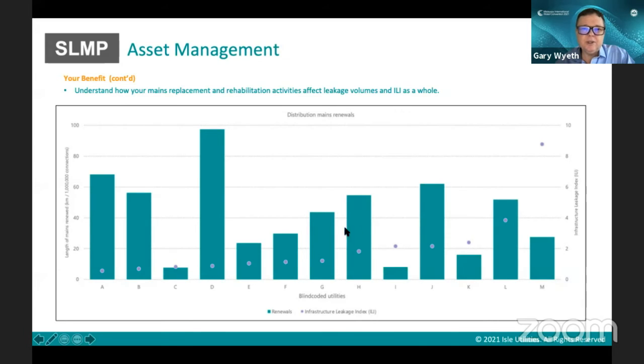And it's just sort of showing you that if you're spending a lot of money on mains replacement, you're actually going to get lower ILIs generally. The ones that are not spending so much have got higher ILIs over here. This one's a bit of an anomaly, that they're not really doing much mains replacement, but they've got a low ILI. And that was really down to the fact that it's quite a young utility and a small utility, so they didn't have to do too much mains replacement there.